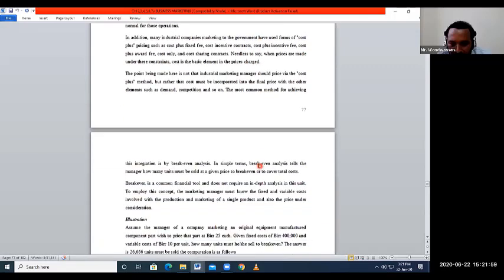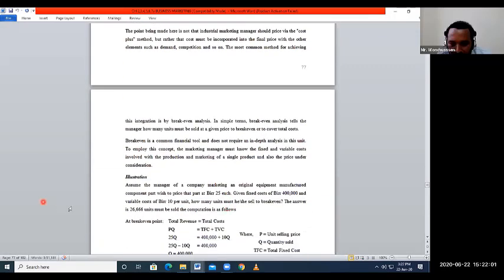This is a little bit of illustration. We have to consider the break-even analysis. Break-even is the point at which the company neither earns a profit nor incurs a loss, which means the company should produce a quantity that equalizes the total cost with the total revenue.